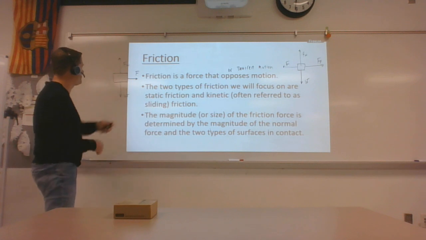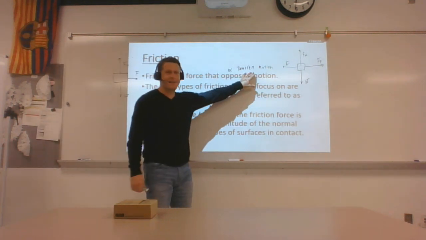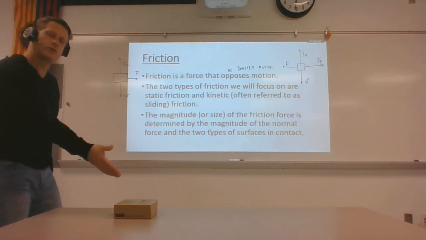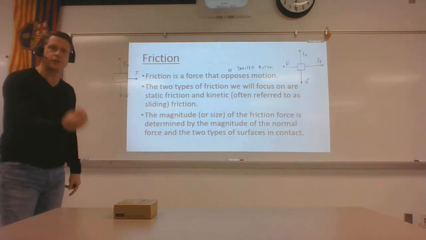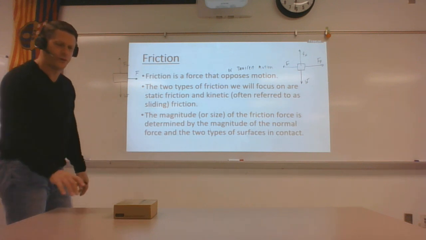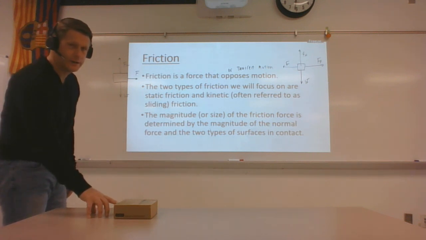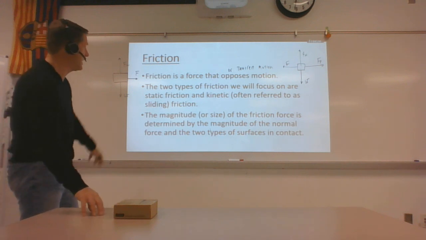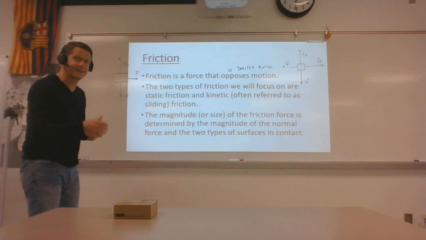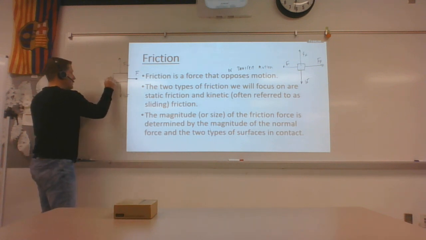So there must be a force. What is that force? It's the force that opposes desired motion. Why? Because right now the box has no desire for motion. It's at rest. It wants to stay at rest. Well, as soon as I push it, if this were the only force acting on it, then it would desire to accelerate. It is not accelerating, so there must be some other force.